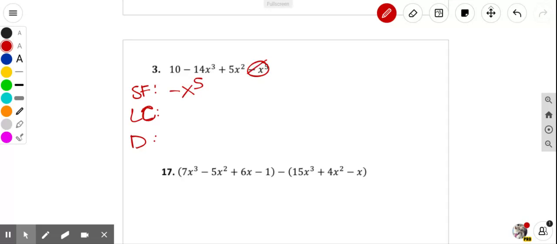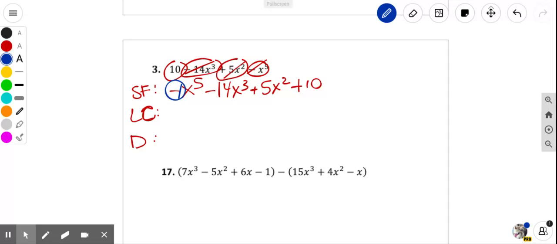There's nothing to the 4th, but next is the 3rd, negative 14x to the 3rd. Then 5x squared, then 10. So that's the standard form, highest degree to lowest degree. Leading coefficient is the number in the front, the first coefficient, which would be negative 1. And then the degree is just whatever the highest exponent is, which is 5. So that's how you do something like that.